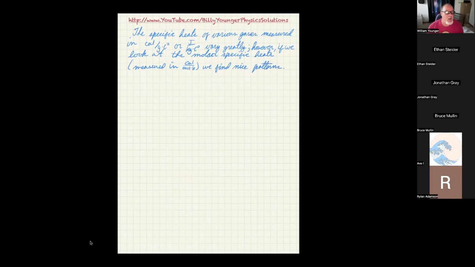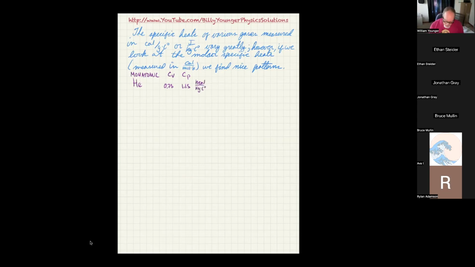So for instance, if we look at helium gas, this is monatomic. If we look at helium gas, we see that, for instance, lowercase cv and lowercase cp measured in the appropriate values is actually 0.75 and 1.15, and both of those are measured in kcal per kilogram Celsius degree.